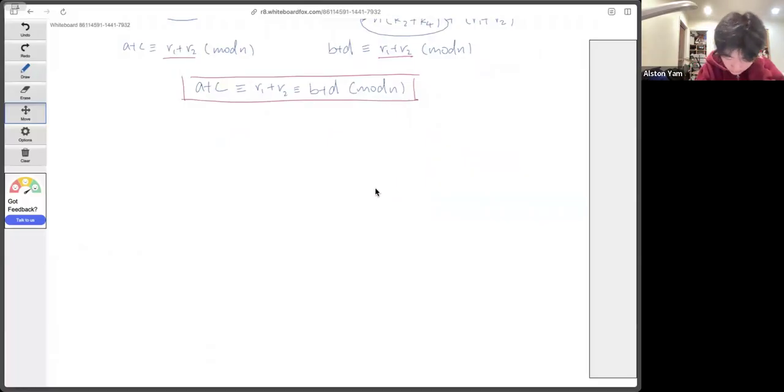Let's do a heading of subtraction. Let's assume we have A is congruent to negative B mod n, and we also have C is congruent to D mod n for now.